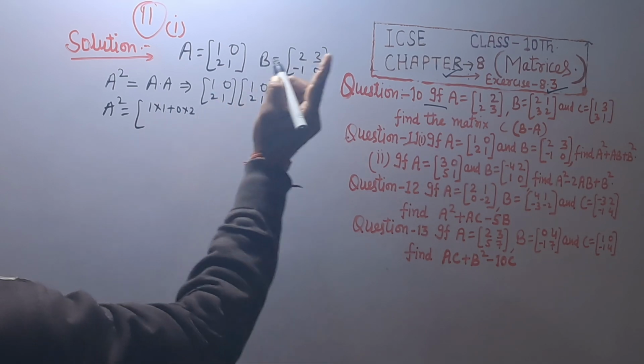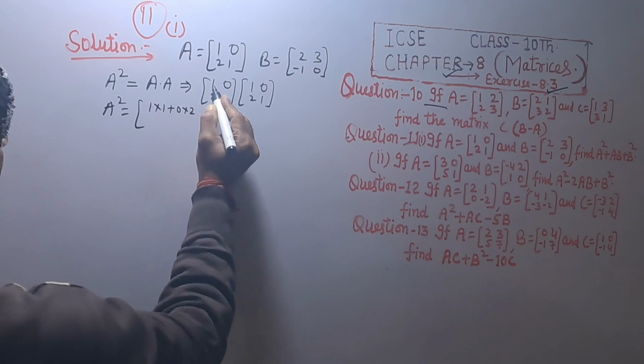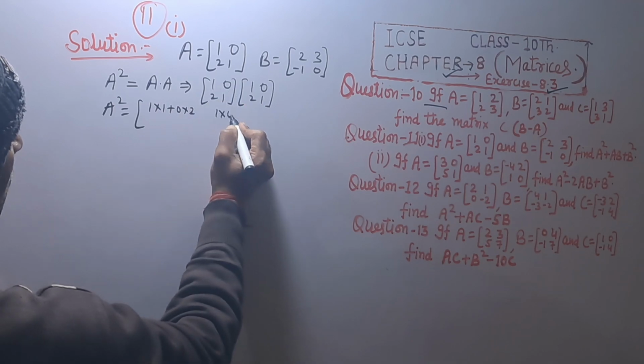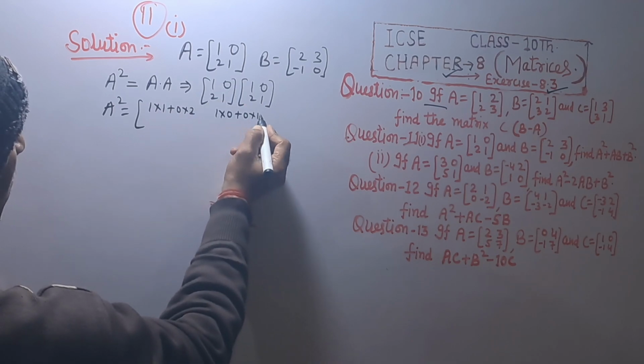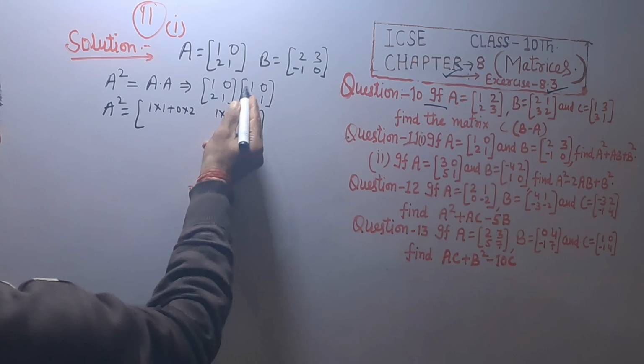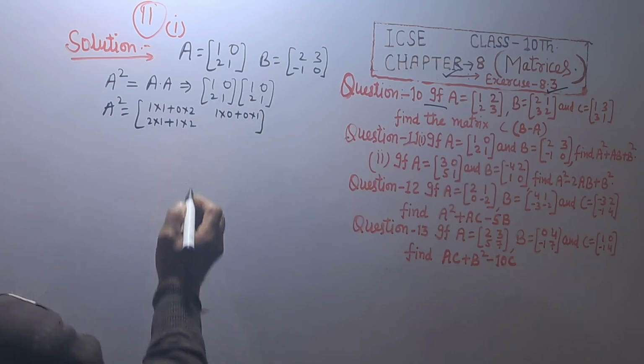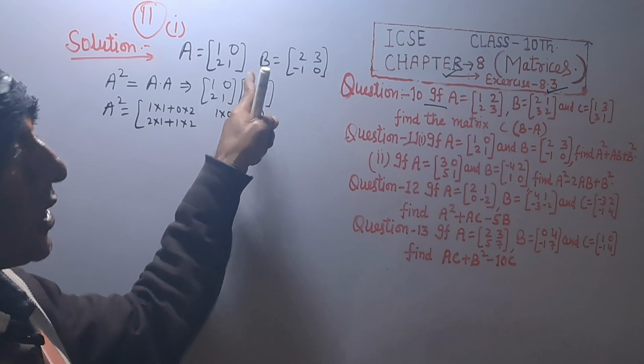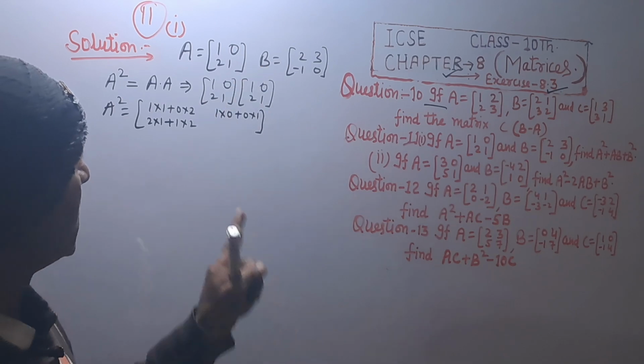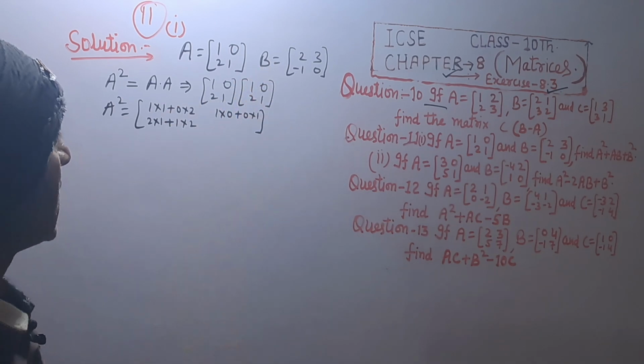First row multiply by first column. Then 1 into 0 plus 0 into 1, and 2 into 1 plus 1 into 2. Second row multiply by first column. Second row multiply by second column.